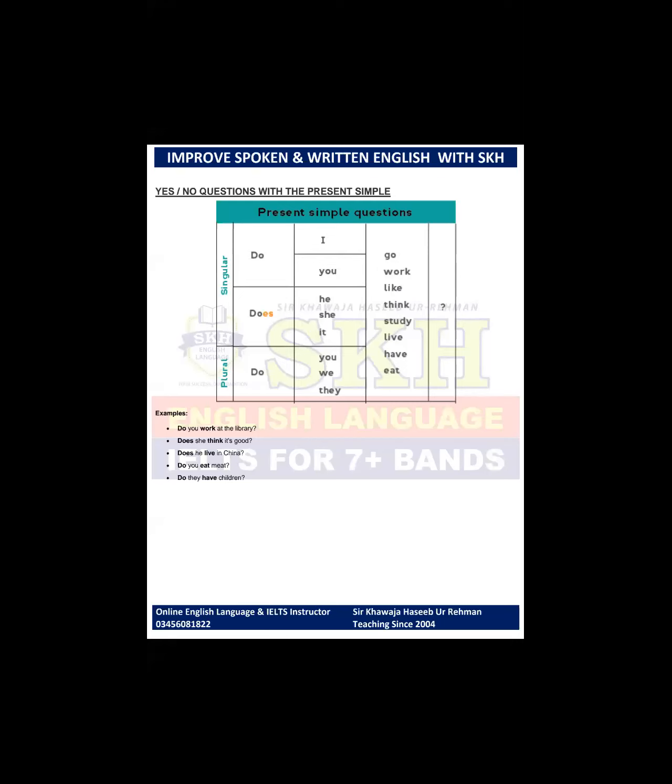Okay, give me another sentence with they. They are. No, use an action verb, not a state verb. Okay, sir. They run business. Okay, give me the negative. They don't run business.